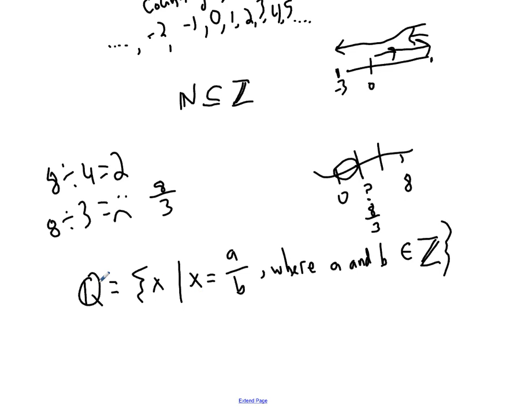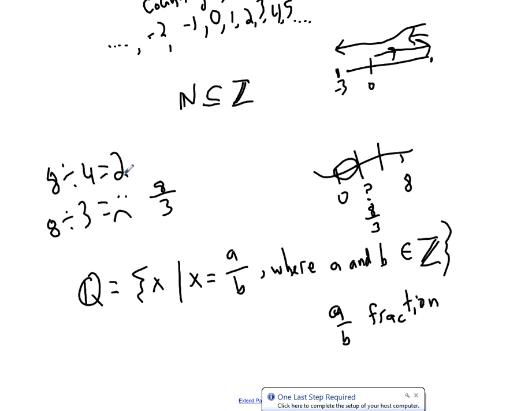So what does it say? This set Q represents all X that are equal to this what? What do we call this thing? Call it 3 different things, right? Sometimes we call it a fraction. When that works out nicely to a whole number, we're more likely to use this other word for it, which is a quotient.